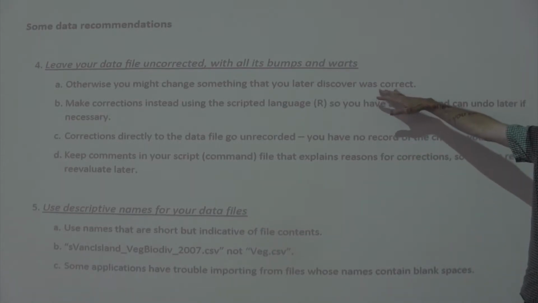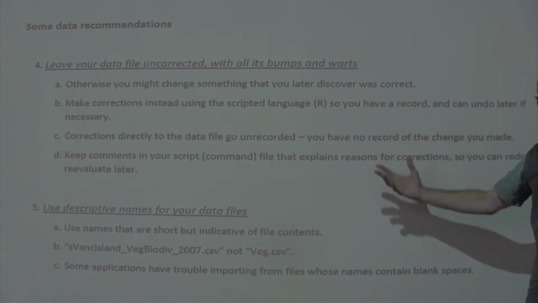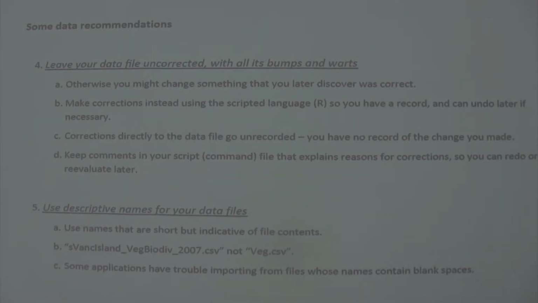So the recommendation instead is, warts and all, keep your text file, and then create a script that makes all the corrections for you. Then you have a record of them, and you can go back and undo them. Or you can remember them when it comes time to write the methods section of your publication. Corrections to the file go unrecorded, but with a script, you've got it there.